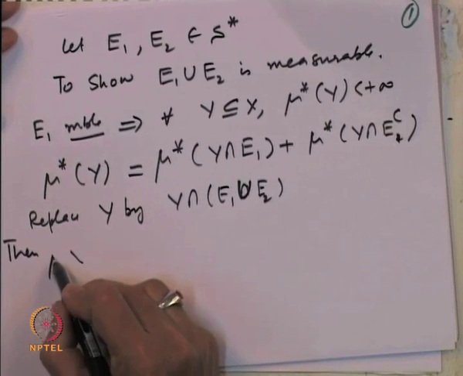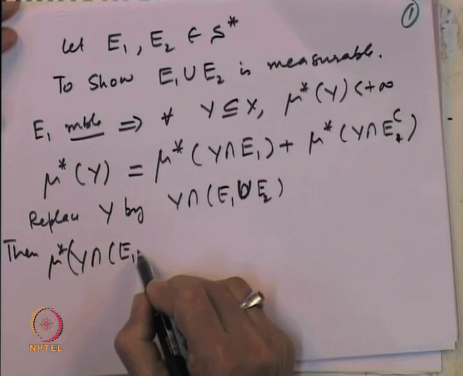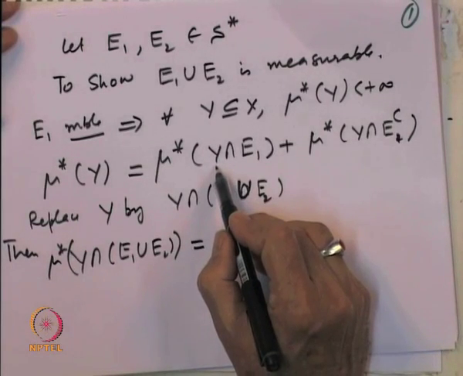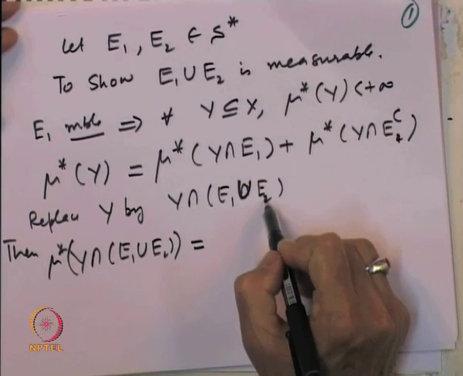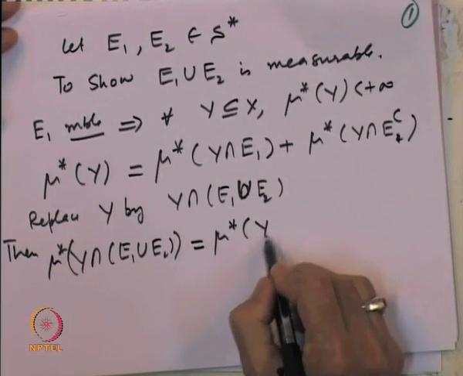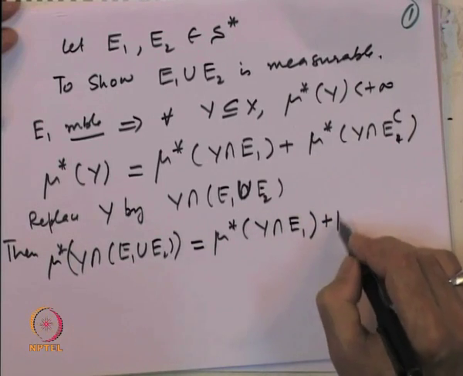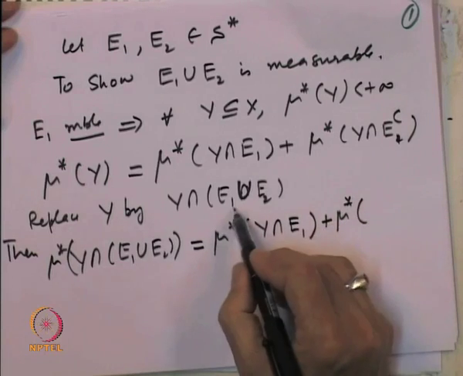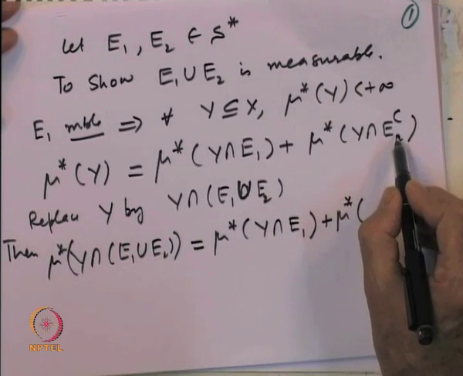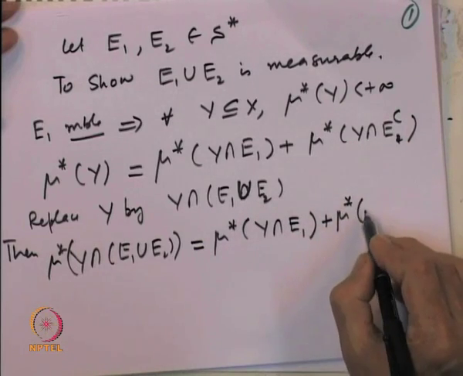So, replace this Y. Then what do we have? We have mu star of Y intersection E 1 union E 2 is equal to, since Y is replaced by Y intersection E 1 union E 2, but E 1 is a subset of it, the first term is just mu star of Y intersection E 1 plus the second term becomes mu star of E 1 union E 2 intersection E 1 complement intersected with Y. The first term will give you only the empty set, so we get Y intersection E 2 intersection E 1 complement.